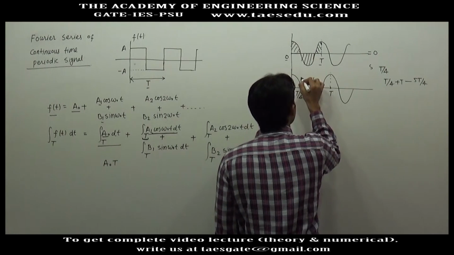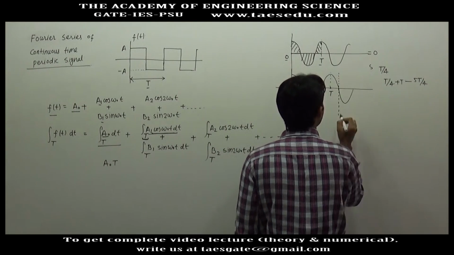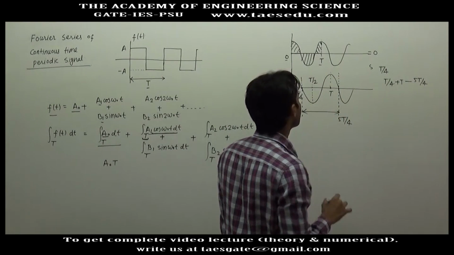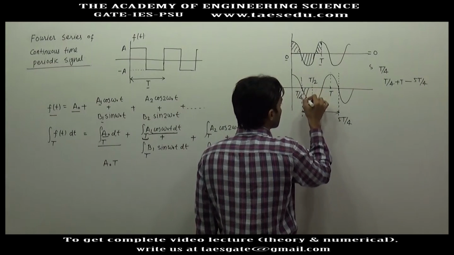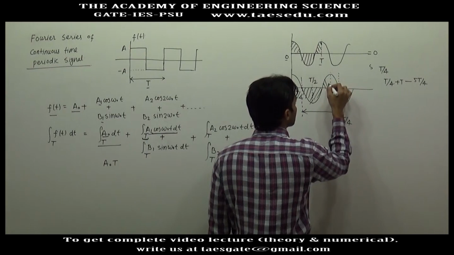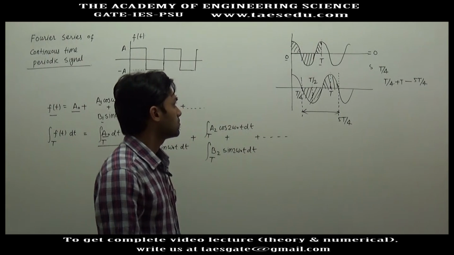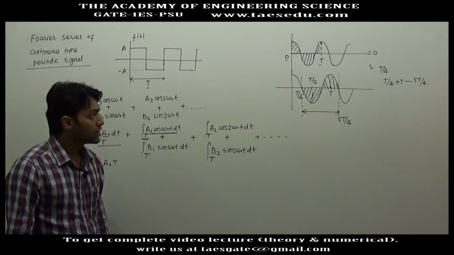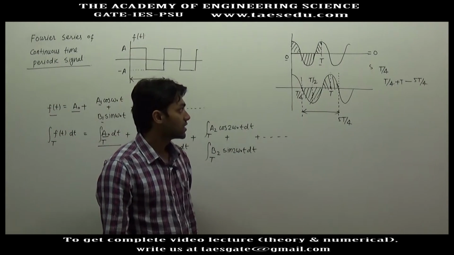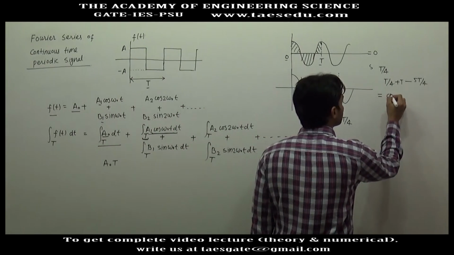So if you are integrating from T by 4 to 5T by 4, again you will get 0 area. Here you are getting negative area for one half cycle, and for the other half cycle you are getting positive area. So for a sinusoidal signal, if you integrate it for one complete time period, you will always get the integration as 0.